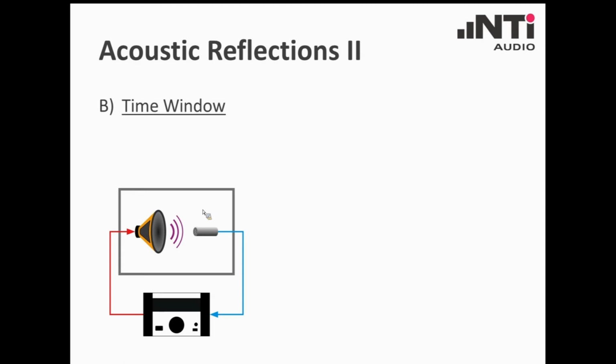Now, when we execute our test, we transmit our GlideSweep. The direct sound will hit the microphone at first, but then we will also face some reflections from the walls. This is just one example. There are many reflections in this chamber, and they also hit the microphone and add to the overall result.